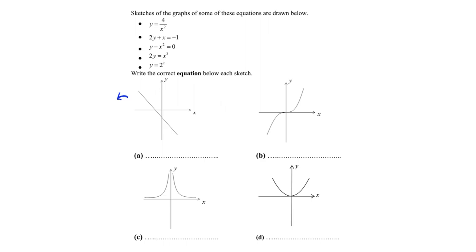A straight line graph will look something like this, where the power of x is equal to 1. So that's something I would look out for, where the power of x is equal to 1. As I look through all the equations, I saw the one that fits the bill, where the power of x is equal to 1. So this has to be my linear graph.